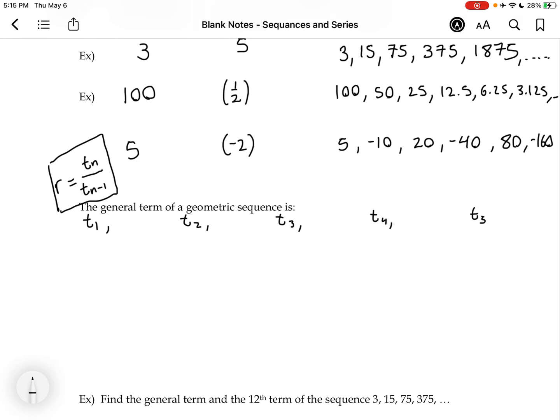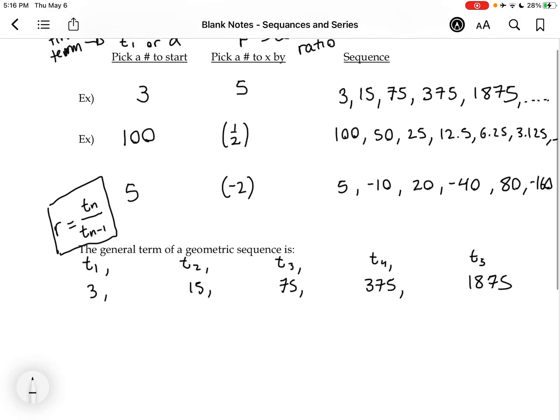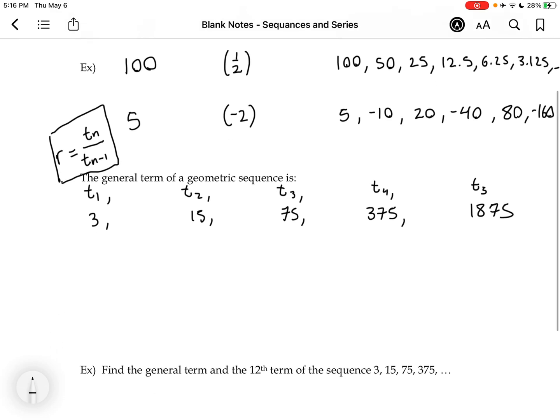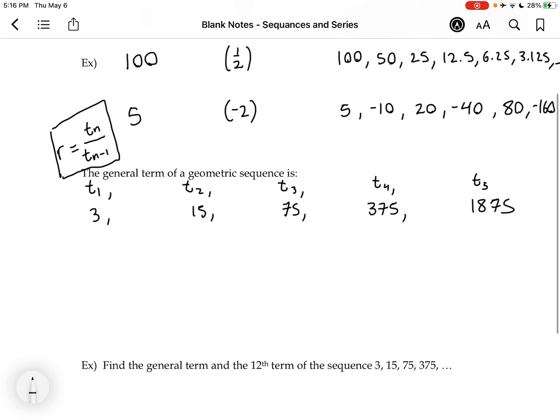Okay, and the first term was 3, and then 15, and then 75, and then 375, and then 1875. And really what we want to do is try to express each of these terms in terms of the first term, T1 or A, and the common ratio, because those are the only two things that make one geometric sequence different from another one.